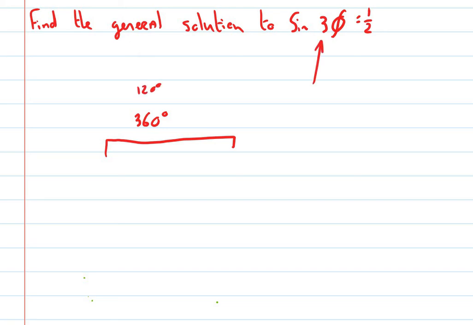Okay, that's the only difference. You don't actually need to know that. This is the method we use, same as the last one really. Sine 3 theta equals a half. We'll do it in radians.